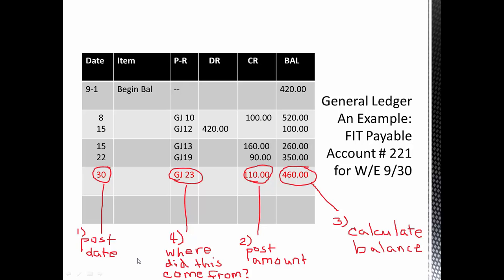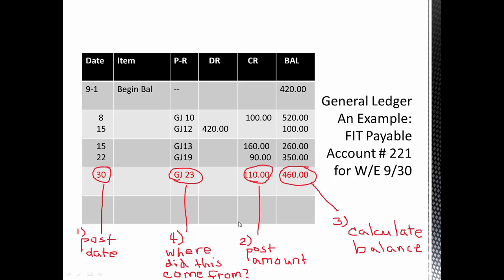So here we're going to post that. First we post the date. Notice that the month of September is already there. These numbers in black here are just pretend numbers that I just filled in so it looks more realistic. Okay, and on the 30th we post the date.